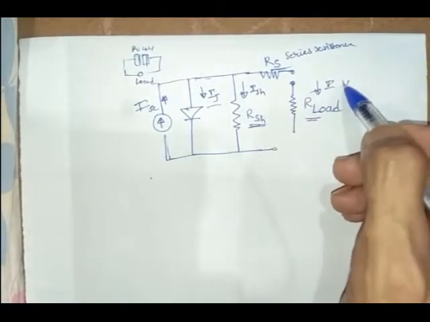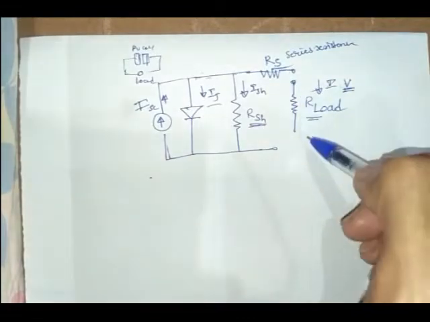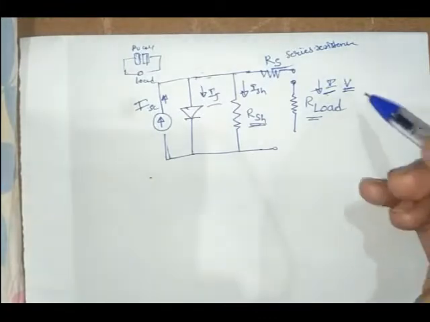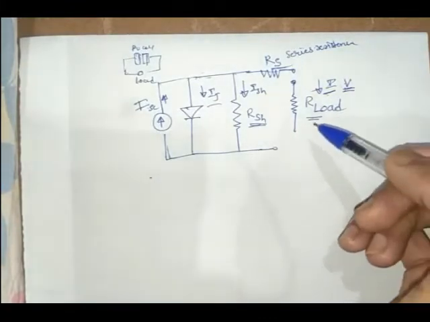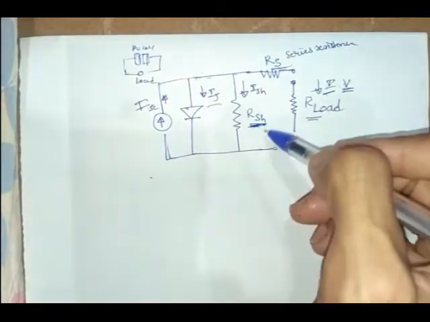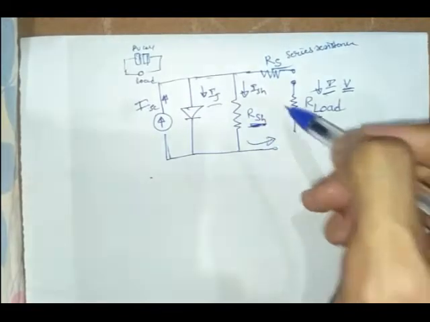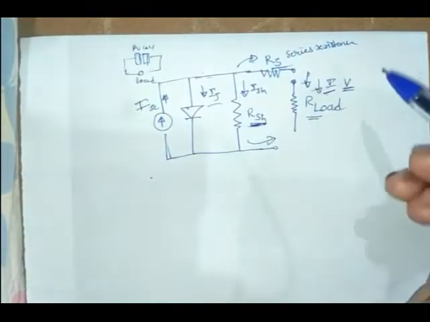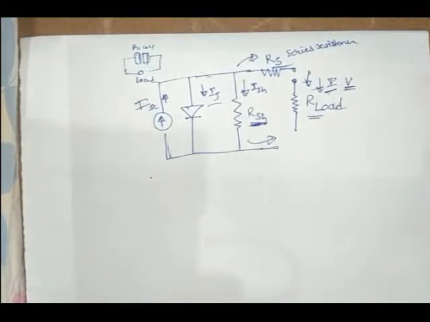That voltage is V. So when current I flows through this resistance, it has some V volts across it. Usually the shunt resistance is very high, and that is why current flows in the load.